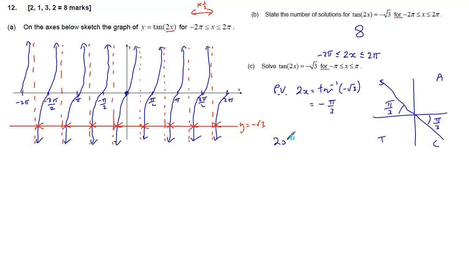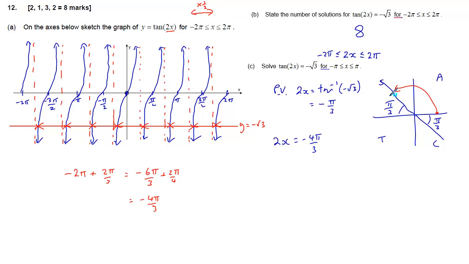So, starting at negative 2 pi, which is here, we come forward. So from negative 2 pi, we come forward 2 pi by 3. So that's negative 6 pi by 3, add 2 pi by 3, which is negative 4 pi by 3.